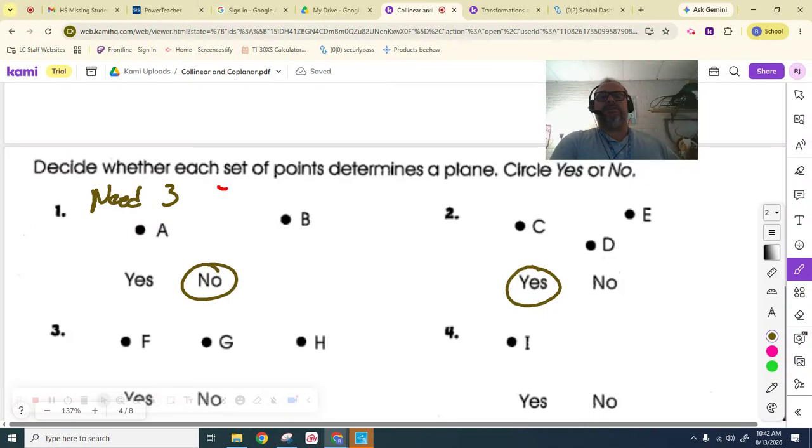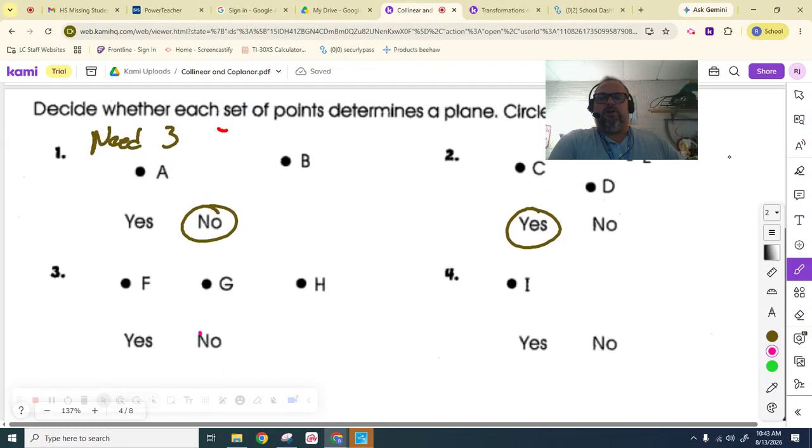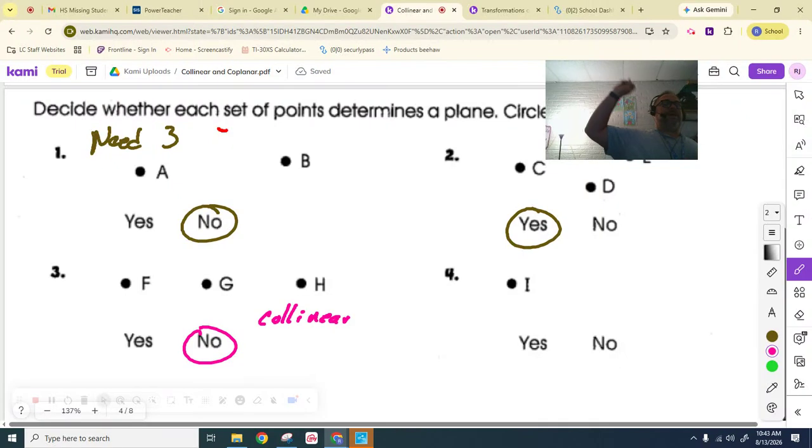The direction says determine whether it makes a plane. Number 3, do these make a plane? No, because these are collinear. They have to be non-collinear to make a plane.